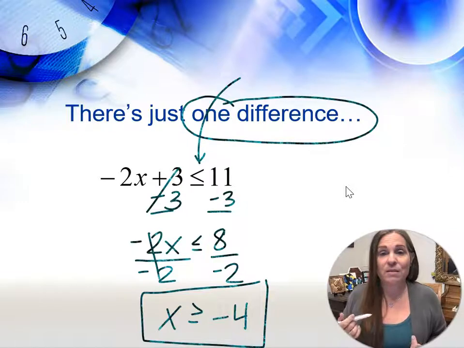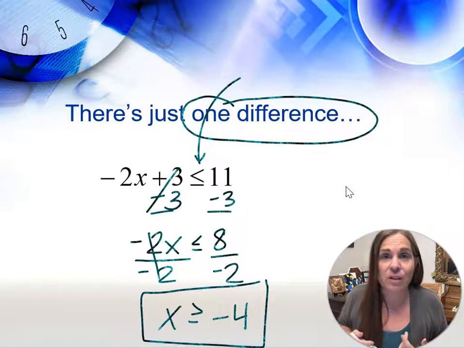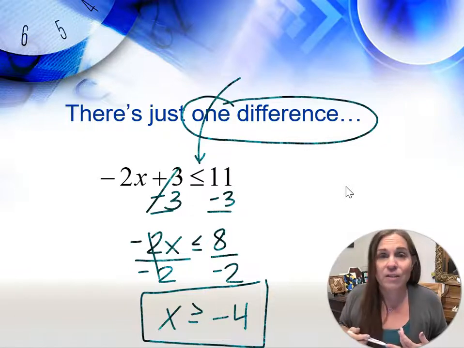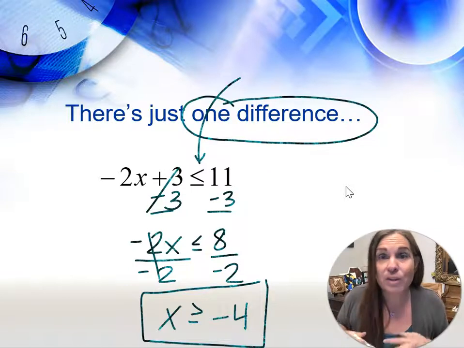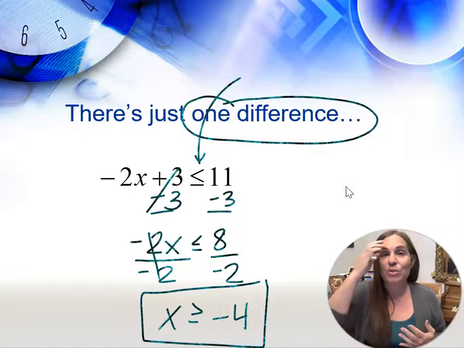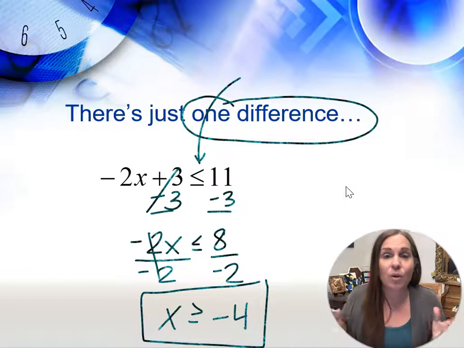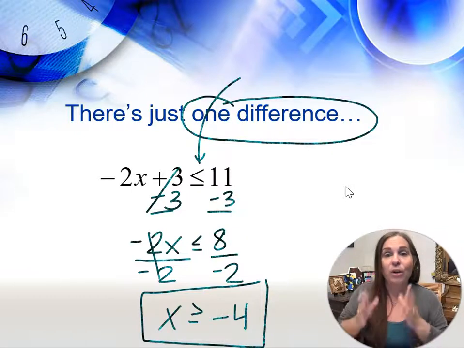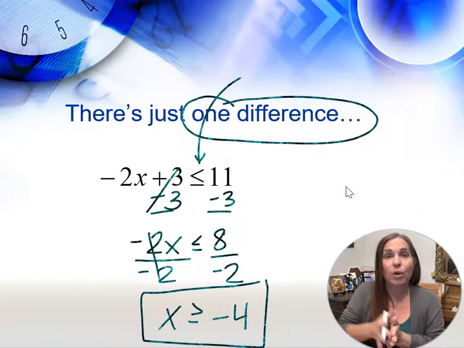So 0 is greater than -4, it's in the solution. 5 is greater than -4, it's in the solution. -2 is greater than -4, it's in the solution.